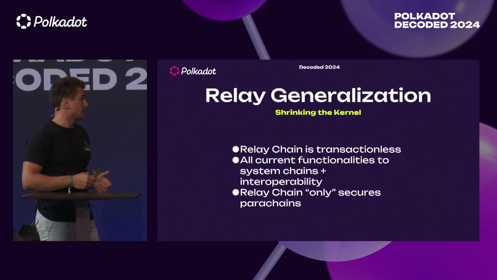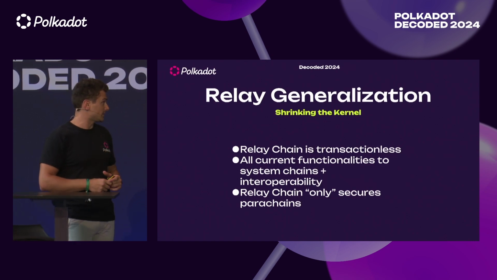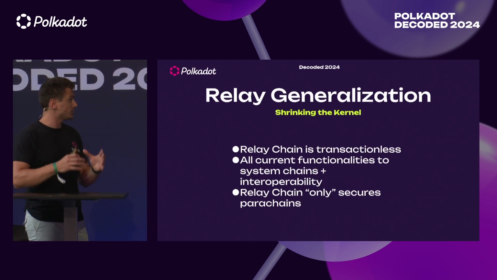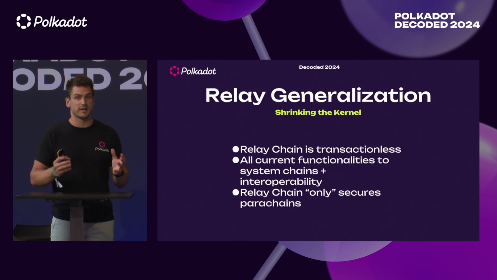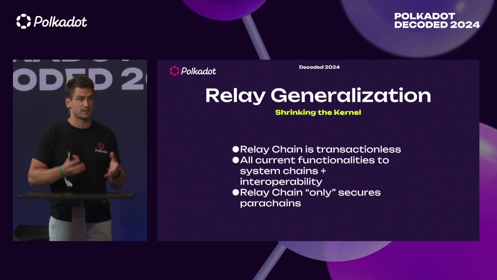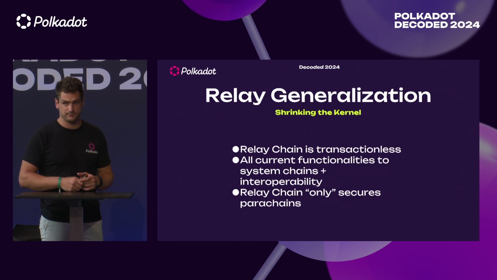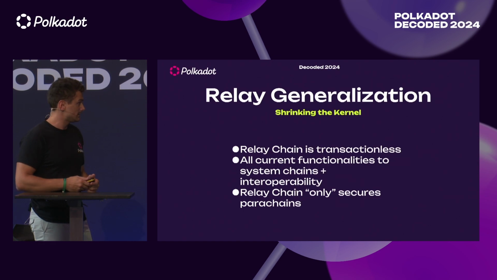So I just said that this relay chain is transactionless, with all functionalities moved away from the relay chain. And the relay chain actually concentrates resources on what it does best, which is securing these rollups, securing these layer ones. This is what it actually does.